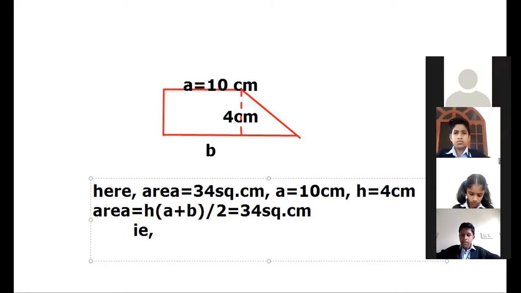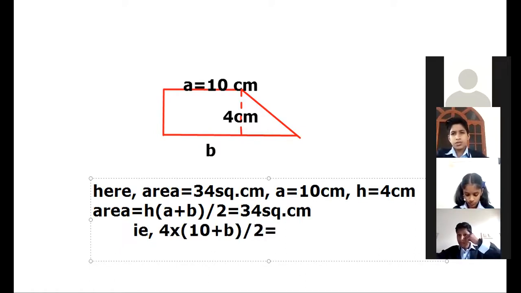H is equal to 4, into, in the bracket, a is 10, b is unknown, so keep it as b, by 2 is equal to 34 square centimeter. We have done the substitution. Next line.